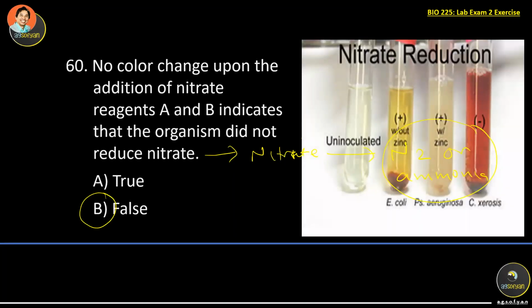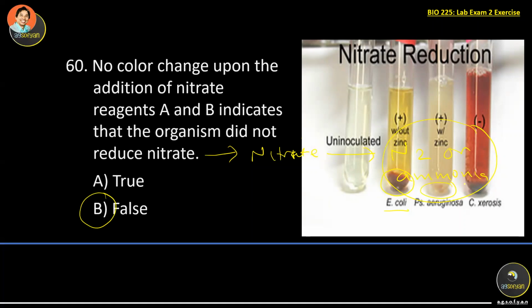If you see here, the positive result shows no color change. If we put zinc over here, see this E. coli over here gives a positive; E. coli is able to reduce the nitrate into nitrite.